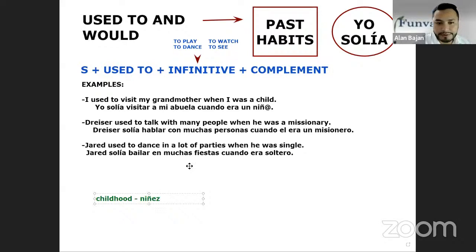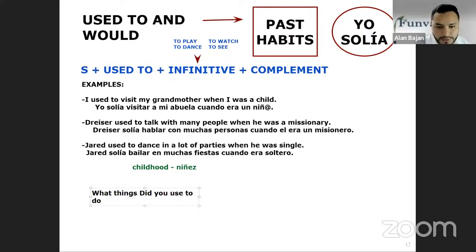Think about your childhood, and answer this question in the chat. What things did you use to do when you were a child?